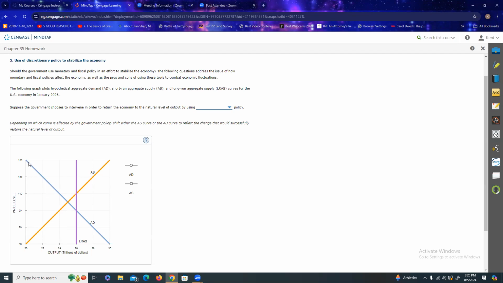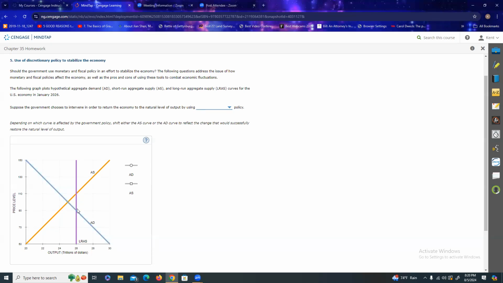So aggregate demand, that's what the policymakers can try to affect, through fiscal policy, through monetary policy. Shift that aggregate demand curve. And if they're going to shift it anywhere, it's going to be to the right. To the right is expansionary.